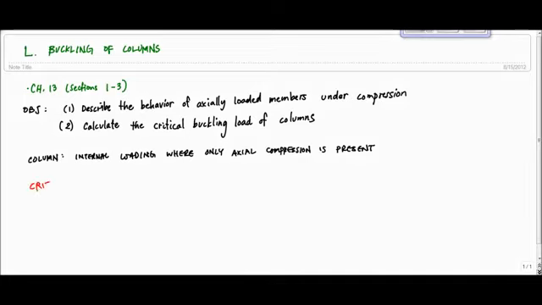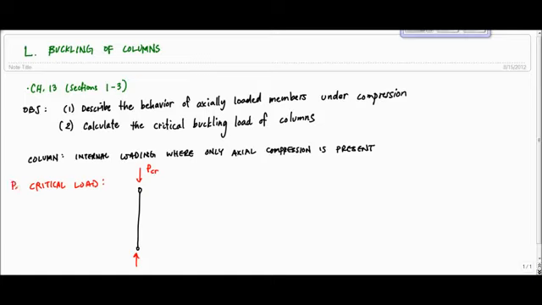Critical load is this axial load. Here, I'll draw a column here. An axial load on the column. So here, I'll call this P critical.